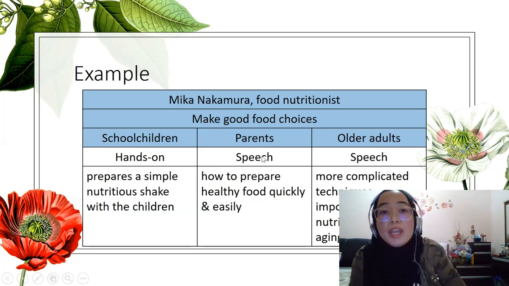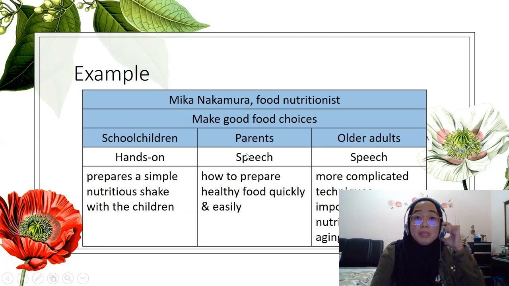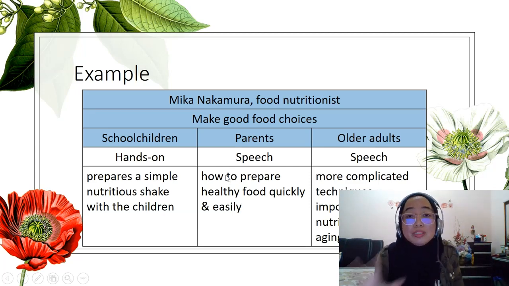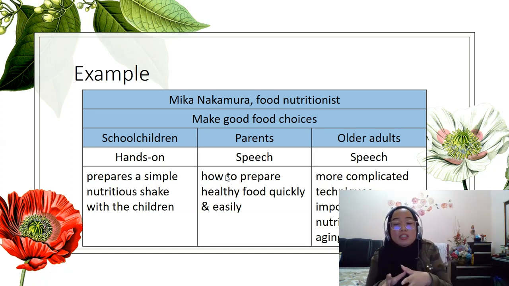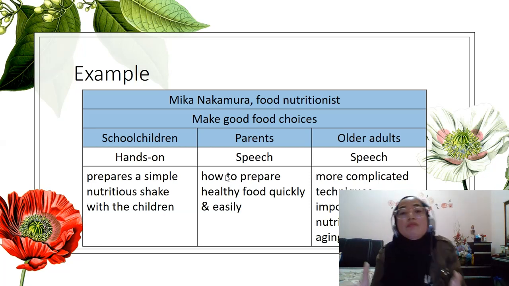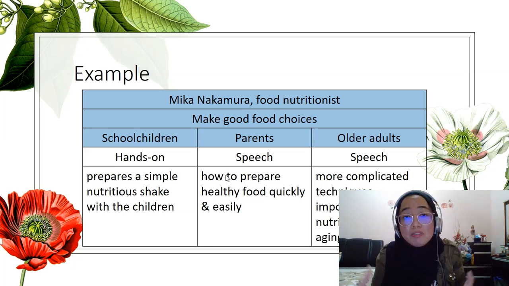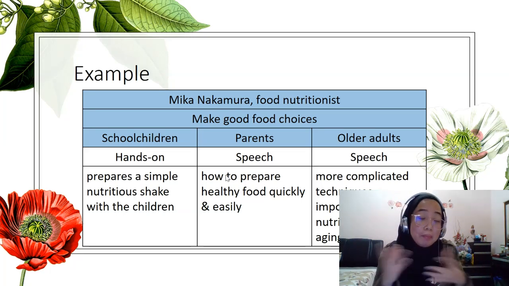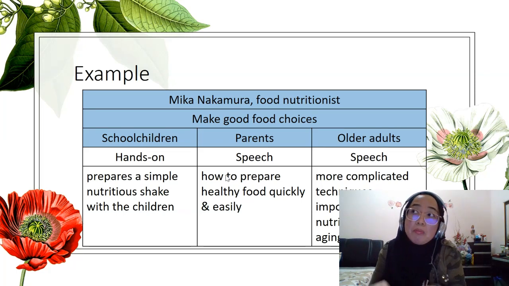But when giving a speech to parents, she would tailor her speech around a topic like preparing healthy food quickly and easily. Why quickly and easily? Because parents are very busy, they need to make money and so on. So the topic Mika chooses is more applicable to these parents.